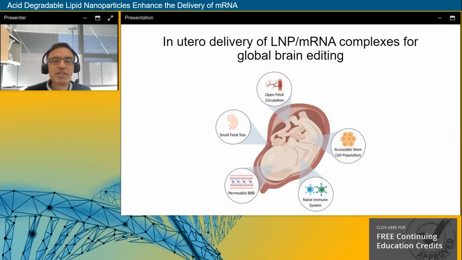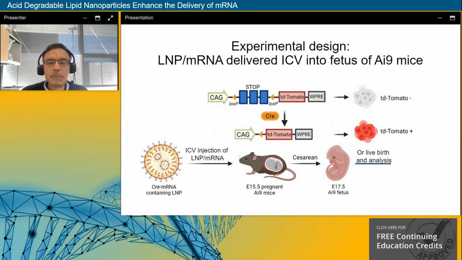However, despite its promise, very little is known about in utero gene editing of the brain. So we did an experiment with Professor Wang's lab where we shipped them ADP LNPs that contained Cre. His lab injected them into the ventricular space, so an ICV or intracerebroventricular injection in utero.